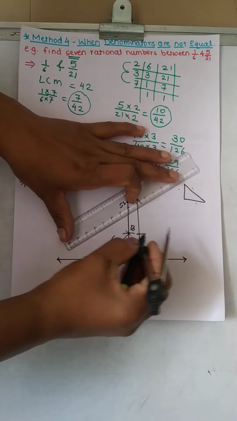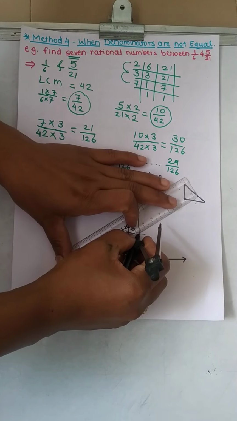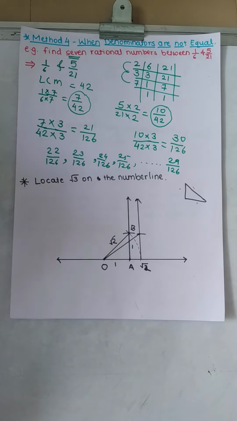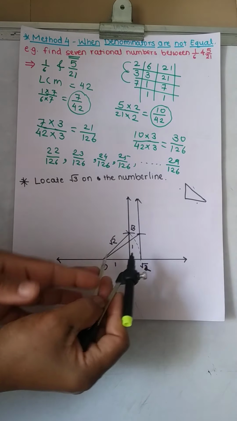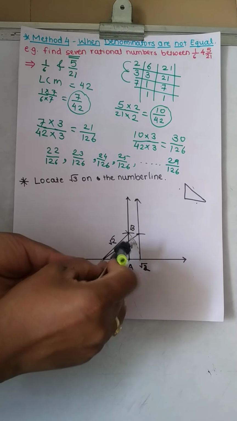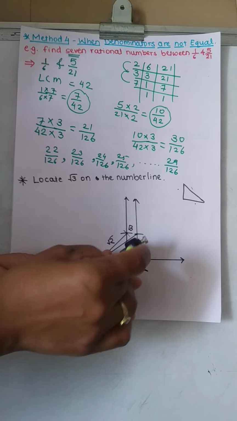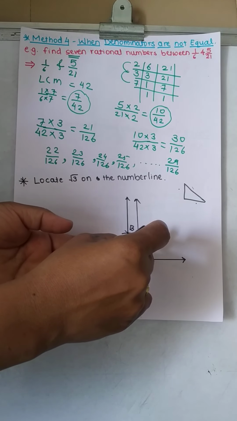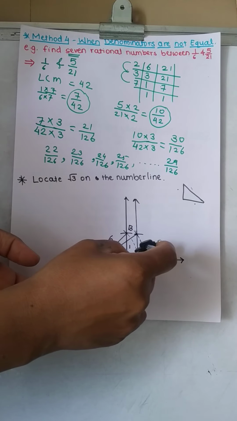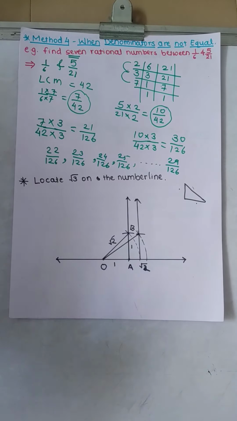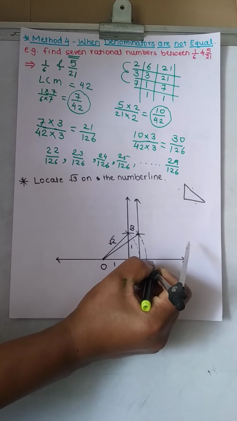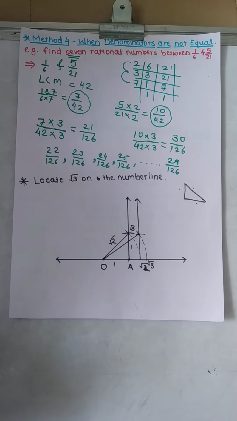Now this point we are going to join. Got it? So after joining, take a distance in a compass from this O till this point and draw a dotted line. So this point where it touches the number line, this is nothing but root 3.